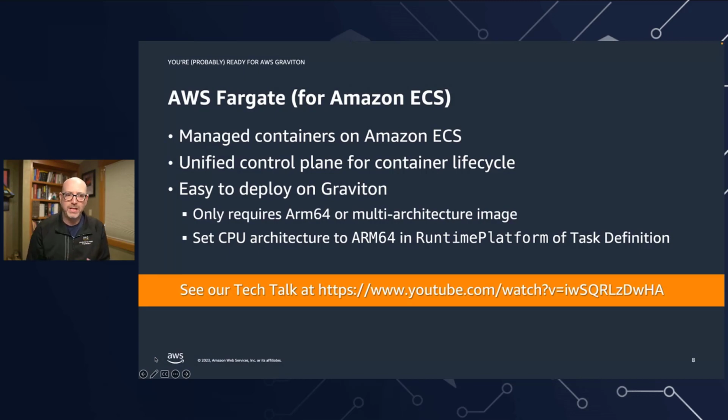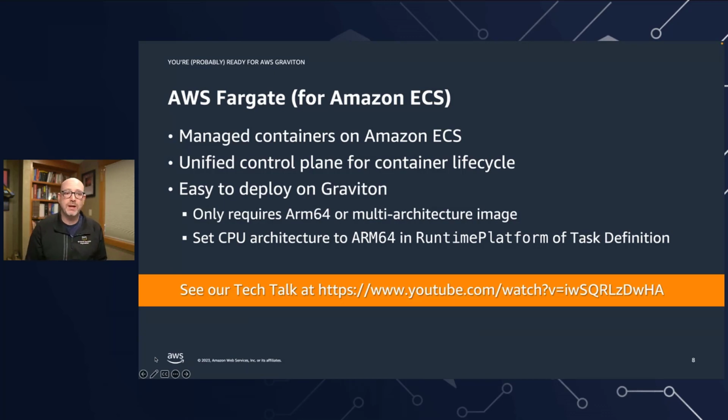And the great thing about containers is it provides a unified control plane for managing your application lifecycle. This includes starting containers, managing groups of containers through a service abstraction, registering your containers with a load balancer, integrating with service discovery, integrating with service mesh, and much more.